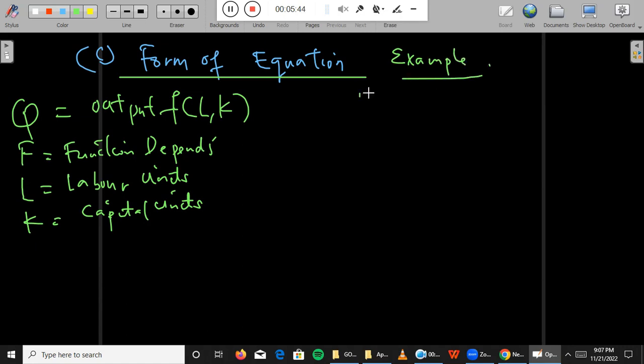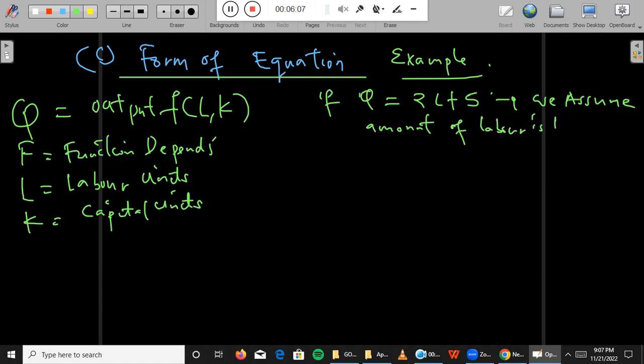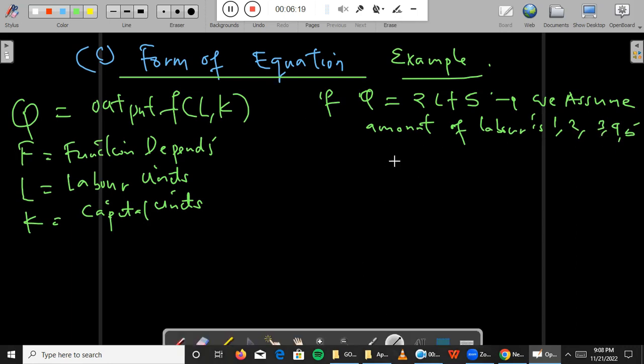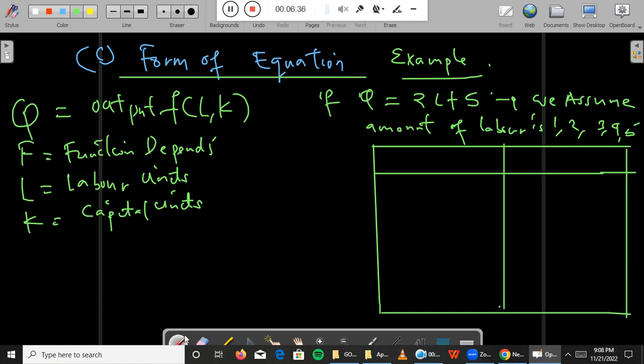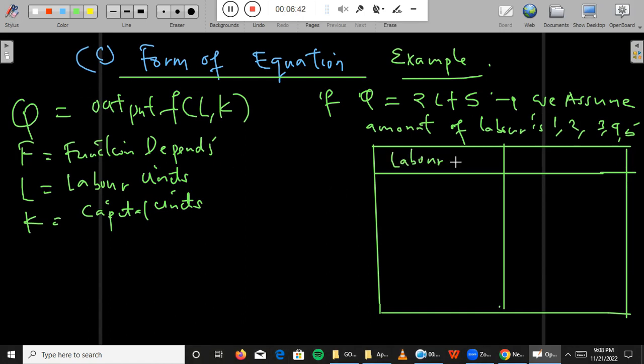Now, for example, let's consider this equation. Suppose we have the output function 2L plus 5, and let's assume the amount of labor is 1, 2, 3, 4, and 5.